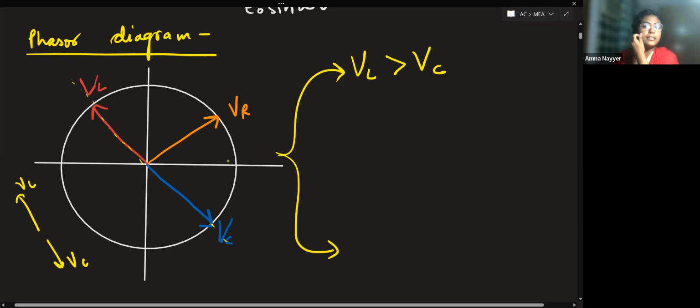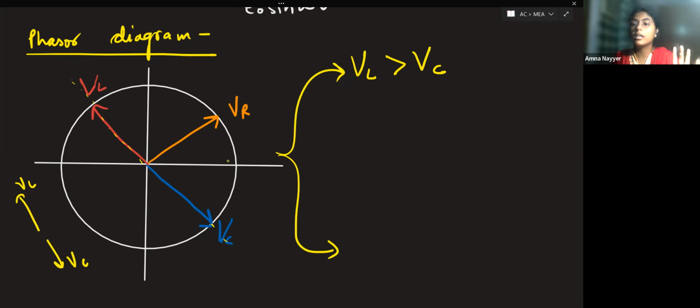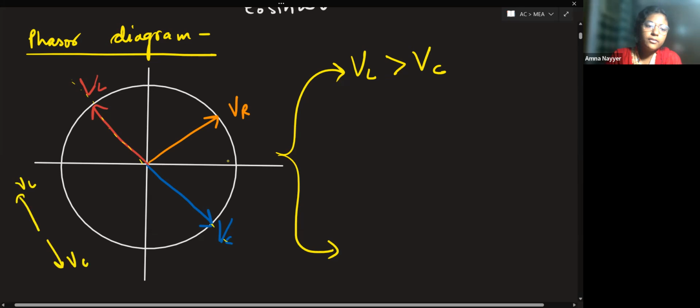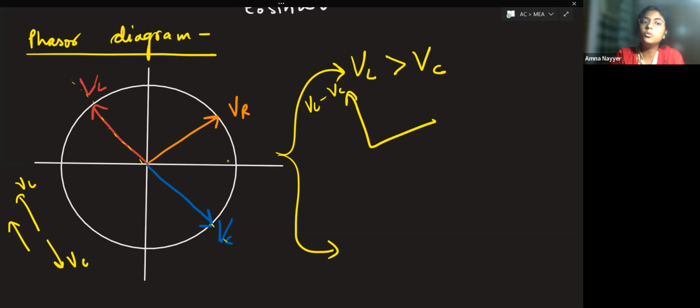If VL is greater, then when you subtract, the resultant will point towards the greater one. Agreed? So for VL greater than VC, this will be VL minus VC. You will have the net resultant phasor towards the inductor one, because this is greater than the capacitor one, and this will be the resistor.